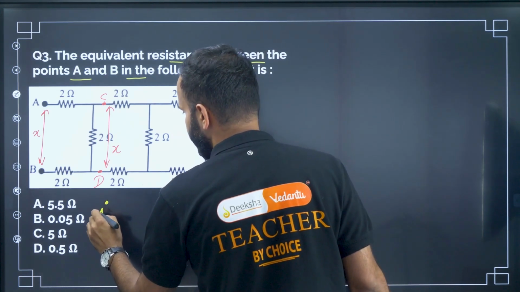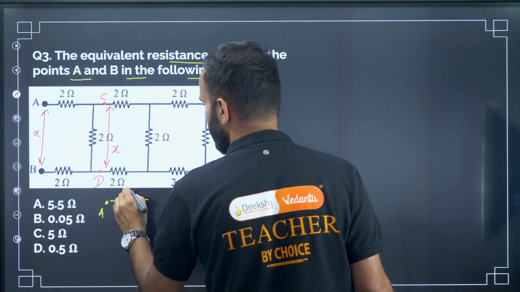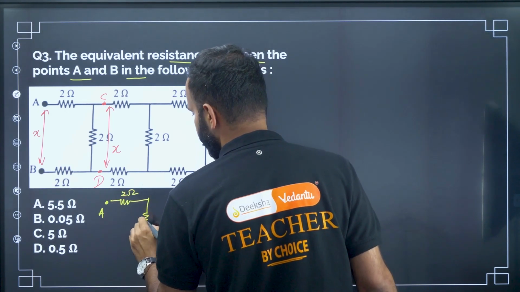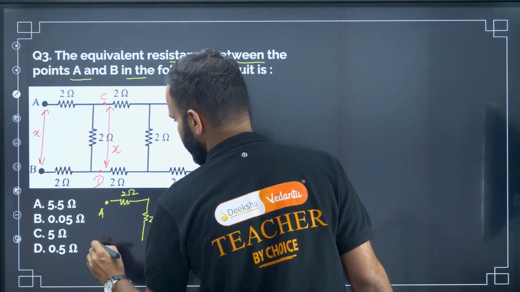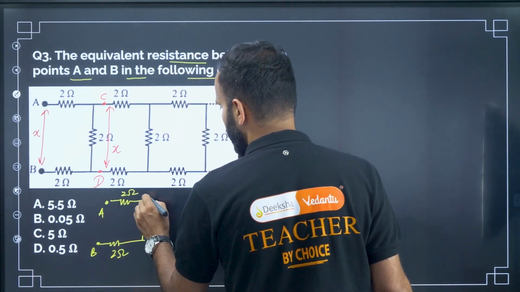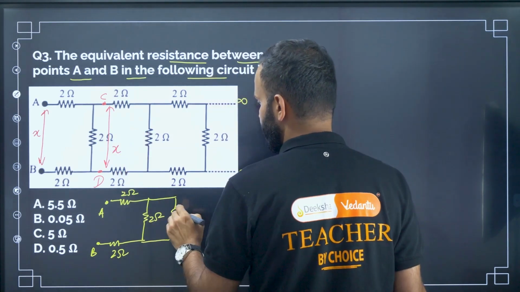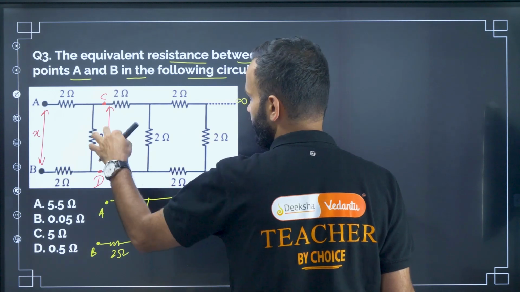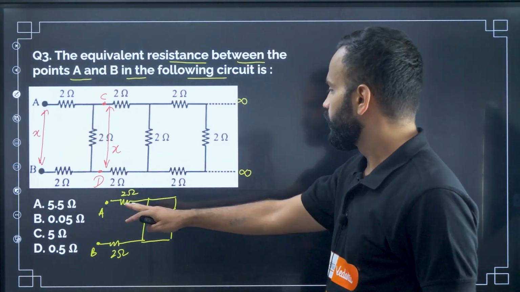So this is A, resistance 2 ohm. Here resistance 2 ohm. This is point B, resistance 2 ohm, and this 2 ohm is connected in parallel with X, the equivalent resistance between C and D. So now solve.